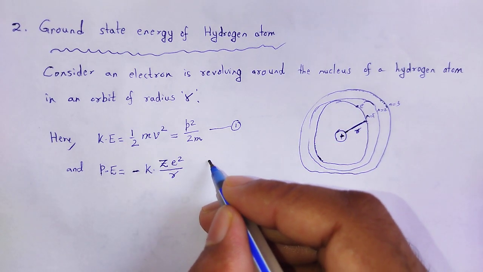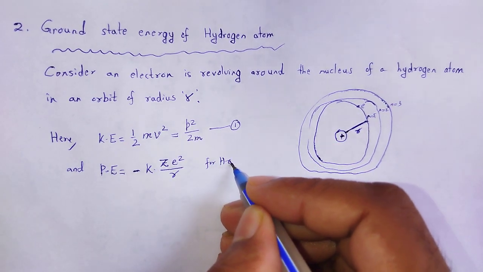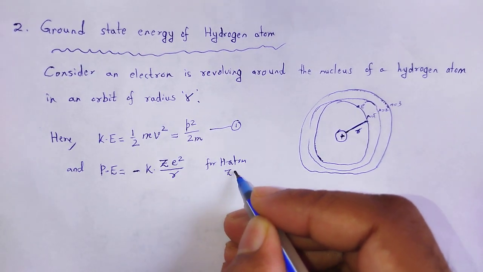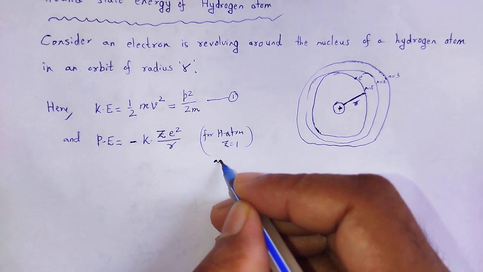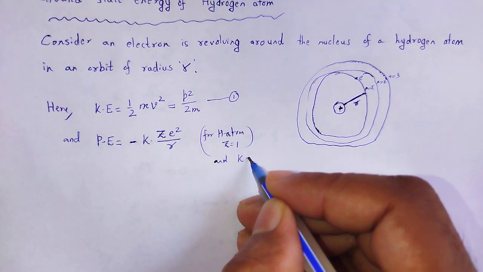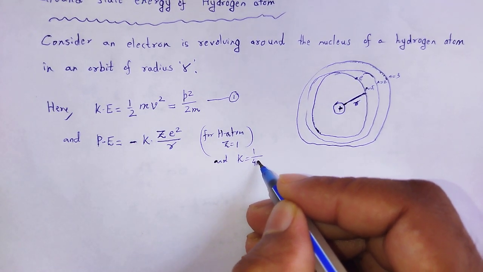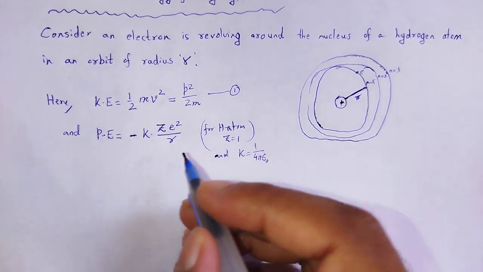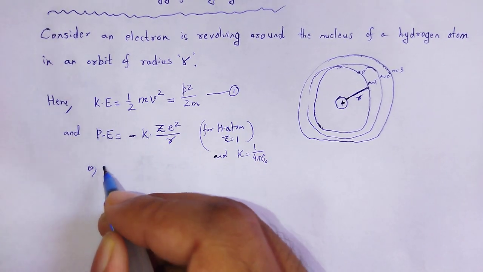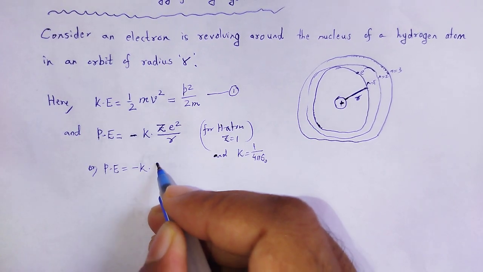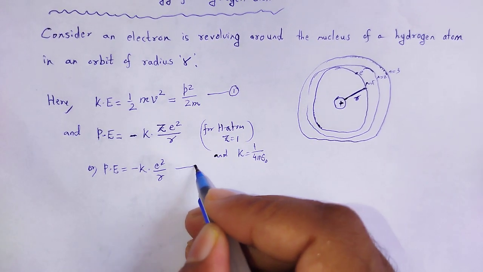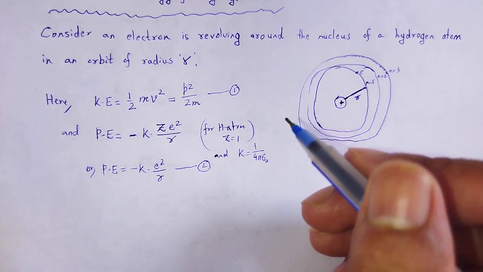For hydrogen atom, Z is equal to 1, and that constant value k is equal to 1 by 4 pi epsilon naught. Therefore, potential energy is minus k e square by r, equation number 2.